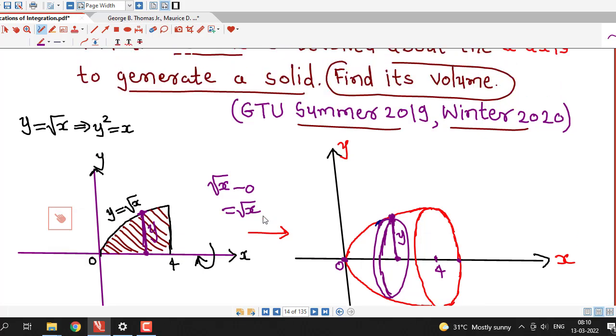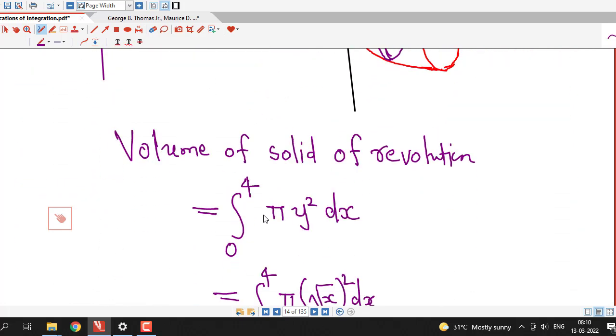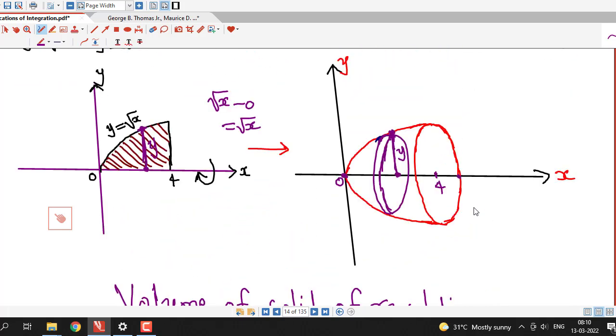So if you are not comfortable with this explanation, you can just remember this formula. The volume of solid of revolution about the x-axis is given by the integral from 0 to 4 of pi times y square dx, where y is the distance between the axis of rotation and this graph. You can just remember this only.